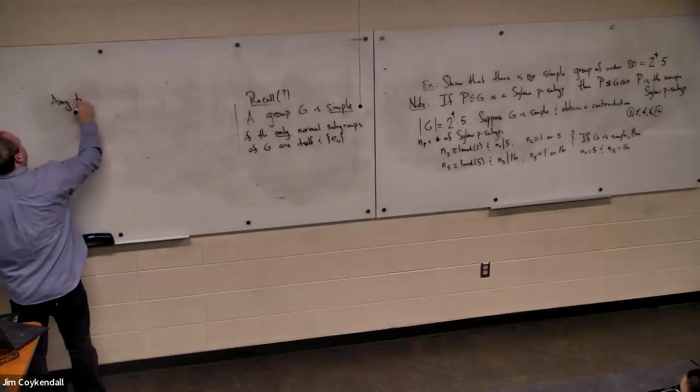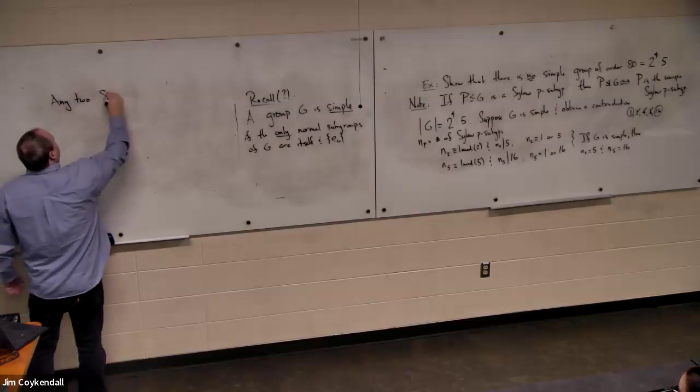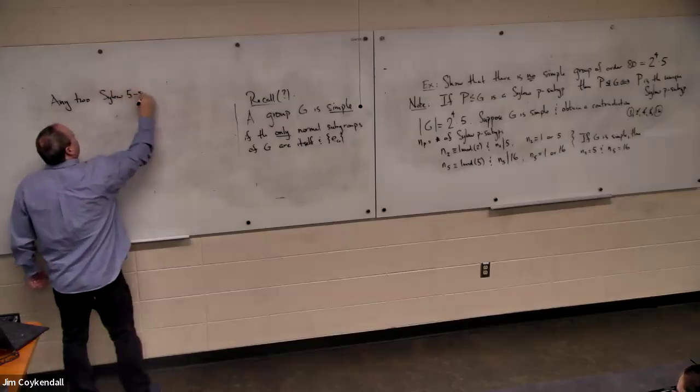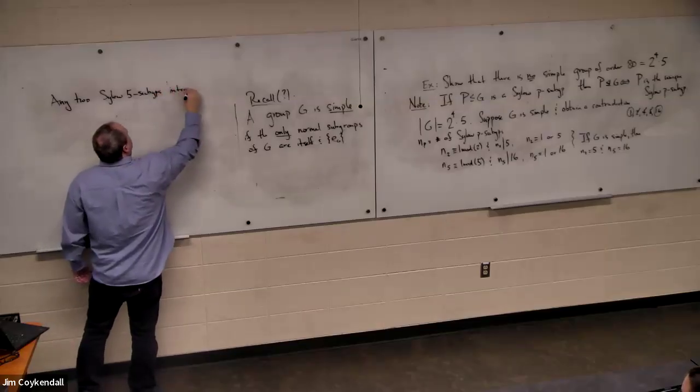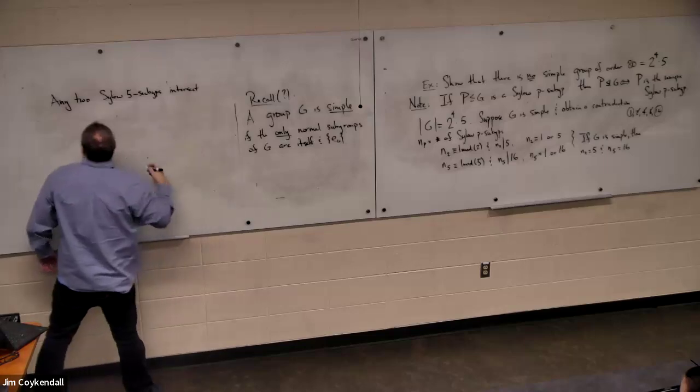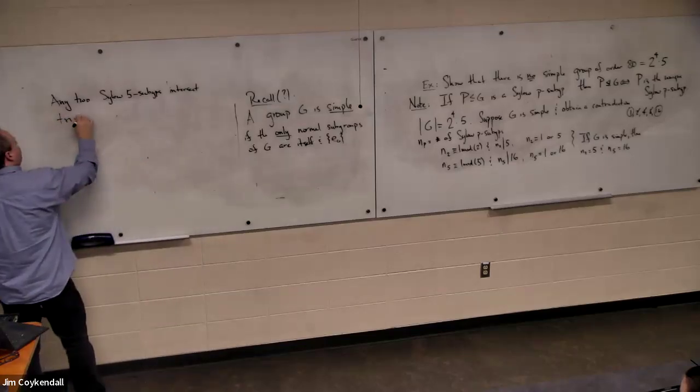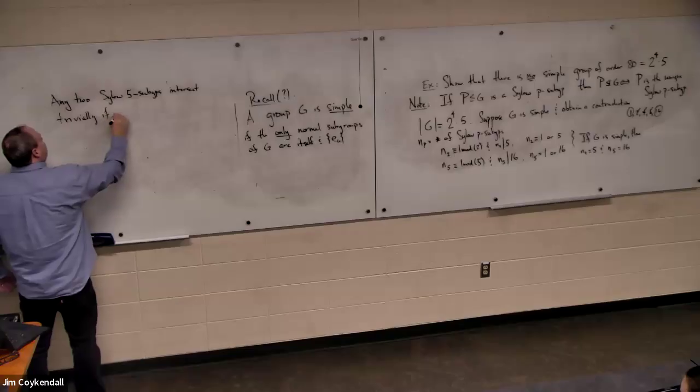So any 2 Sylow 5 subgroups intersect trivially. Trivially means only the identity, if distinct.